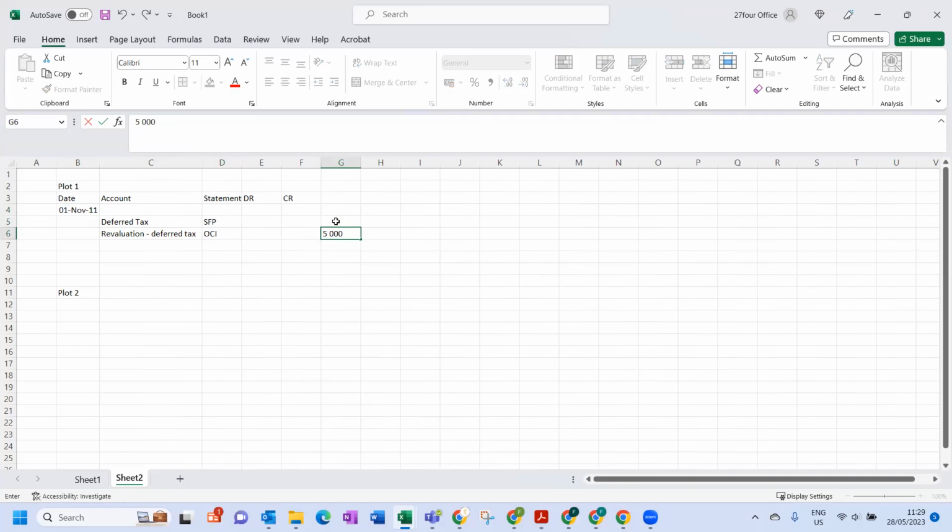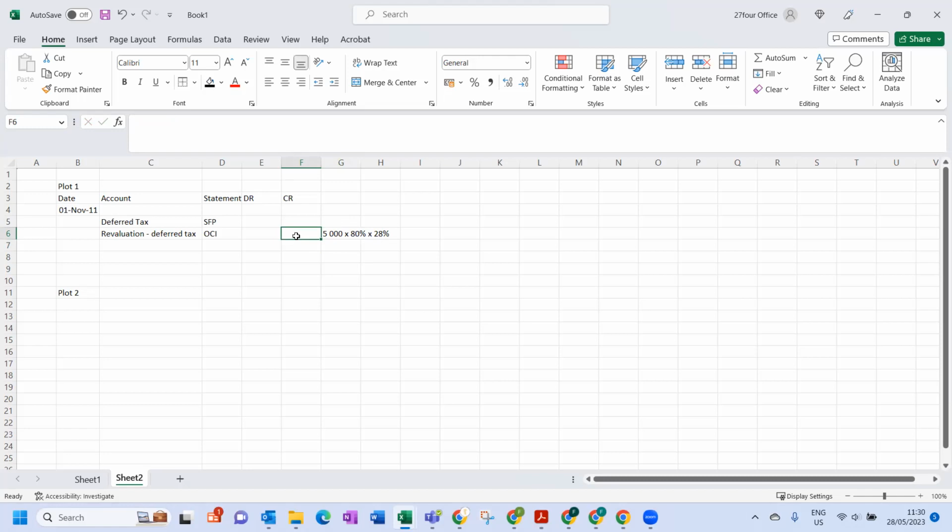So we made a loss of 5,000. Because it is land, we will recover this asset through sale. Because we're recovering the asset through sale, it will attract CGT. So we're going to take 80% of that times 28%. So we're making a gain. Why is the deferred tax a gain? Because the underlying transaction was a revaluation loss, so that will decrease our tax.